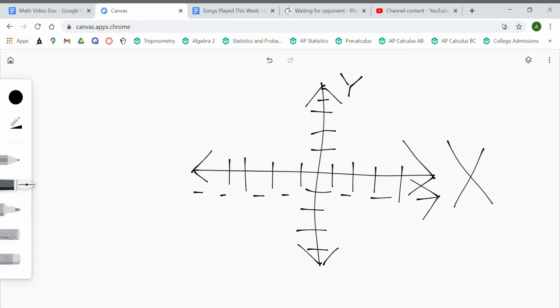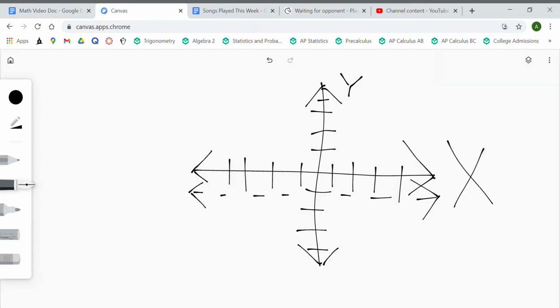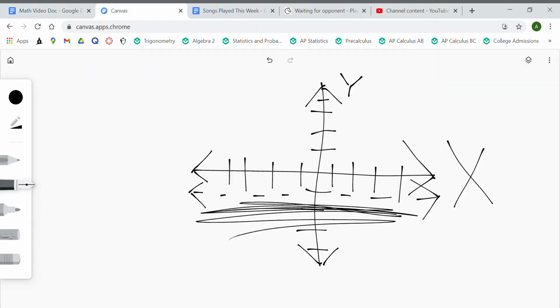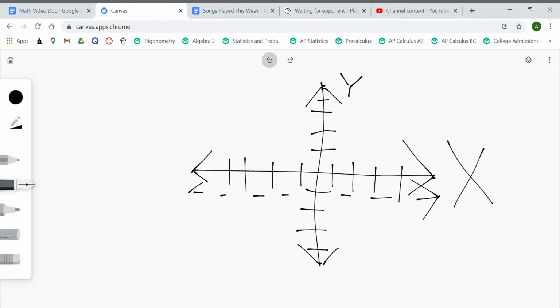We use a dashed line. And then, since we have a less than sign, guess what we gotta do? If you get a less than or equal to sign, you gotta shade below the line. Alright, that's how inequality graphing works. Pretty simple.